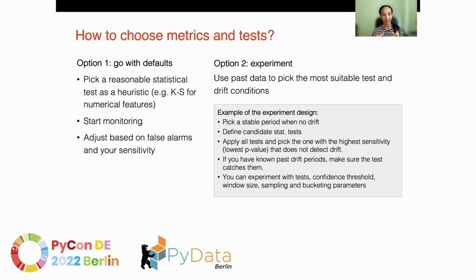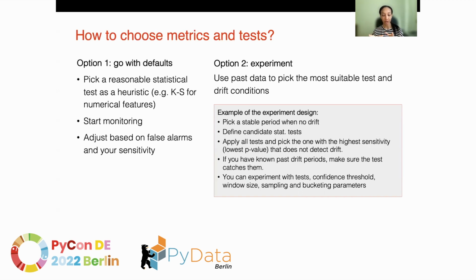Start monitoring, and then based on the alarms, like false alarms and the right alarms, adjust some parameters, for example, adjust some thresholds for different features and maybe for the model's output. This is option one, and I really suggest going for this option if you need to set up monitoring early and start monitoring what has happened with your production model.